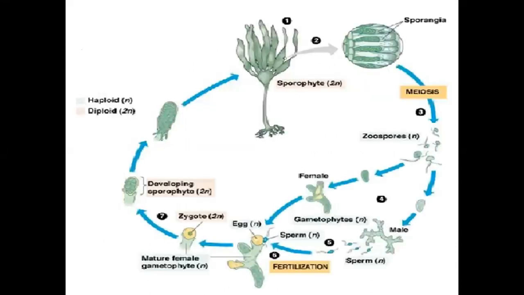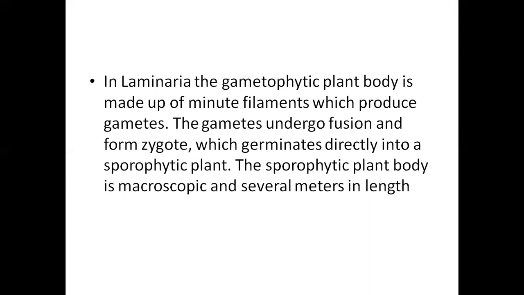Now, see. First of all, in laminaria, the plant body is gametophytic. And if I'm talking about the gametophytic, that means plant body is haploid, made up of minute filaments which produces gametes. Now, gametes will undergo fusion as usual. The process is all similar. Fusion of gametes will result in zygote. Zygote will develop into sporophytic plant. That means 2N.